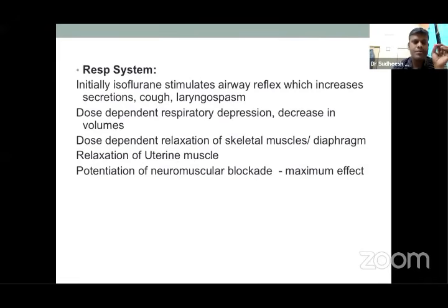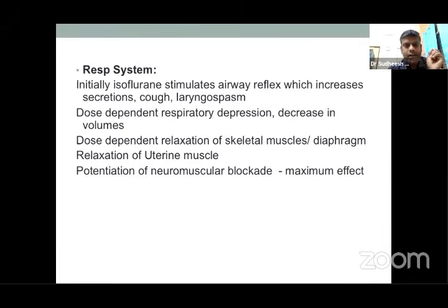It also suppresses the airway reflexes, but it also induces secretions. Compared to halothane, it has a pungent smell, whereas halothane has a sweet smell, and sevoflurane also has a sweet smell. So because of this, it is less beneficial when compared to halothane and sevoflurane for inhalation induction.